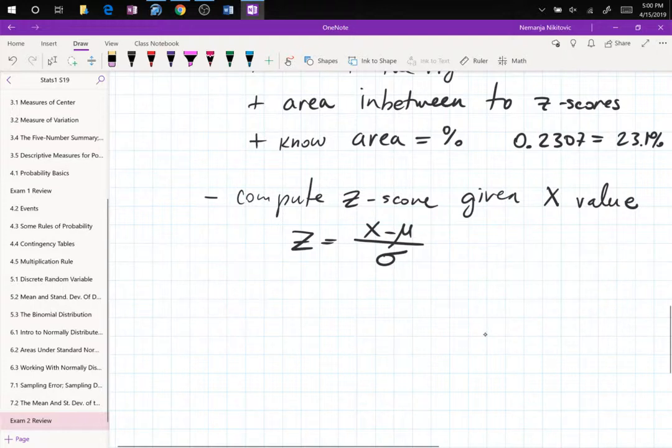You have your z-scores. What happened? How would you feel about letting us have a formula sheet? Why would you want a formula sheet? It's called learning. If I give you a formula, what have you learned? Nothing. Like why even take the class?